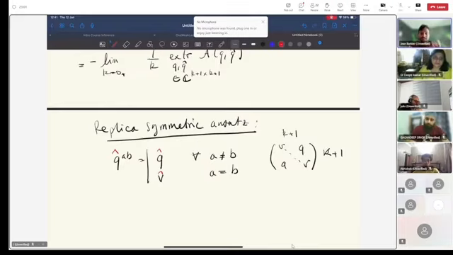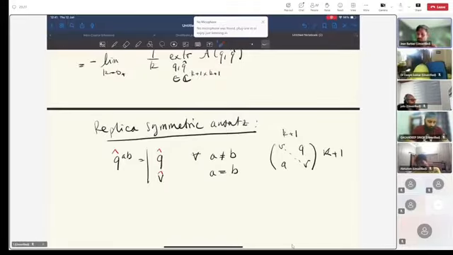So it's called replica symmetric because you see it tells you that these columns and these rows are indexed by replica indices, by posterior samples. And it tells you that if you take replica A and B, whatever A and B are, their angle, the Q, will be the same. Okay?